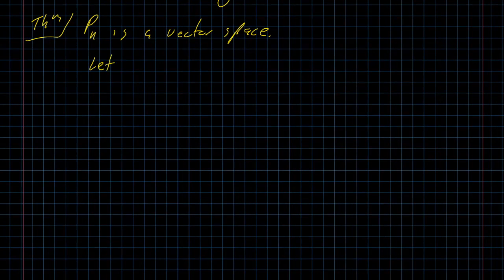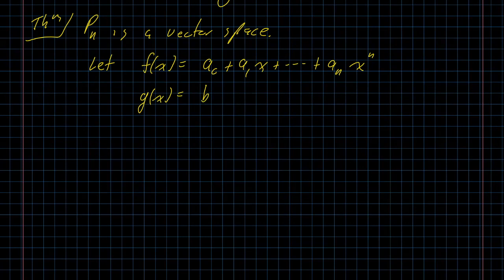All right, I'm going to need three different polynomials. f of x, I'm going to define using a's: a naught plus a1x plus all the way down to an x to the n. g of x is going to be the polynomial of b's, so b naught plus b1x plus all the way down to bn x to the n.